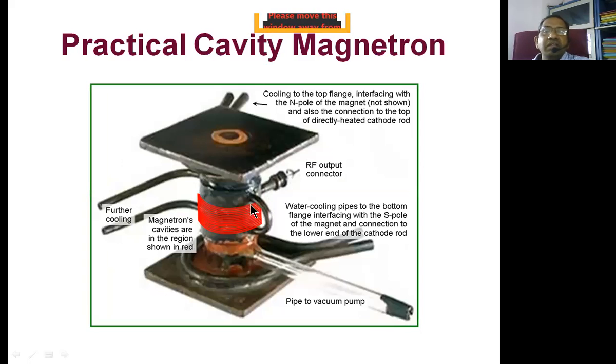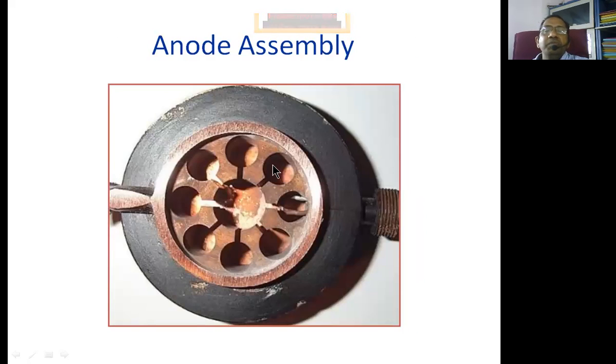If you cut this cavity horizontally, the top view can be observed like this. Inside this we have 8 cavities with gaps provided. So this is the 8 cavity magnetron oscillator circuit.